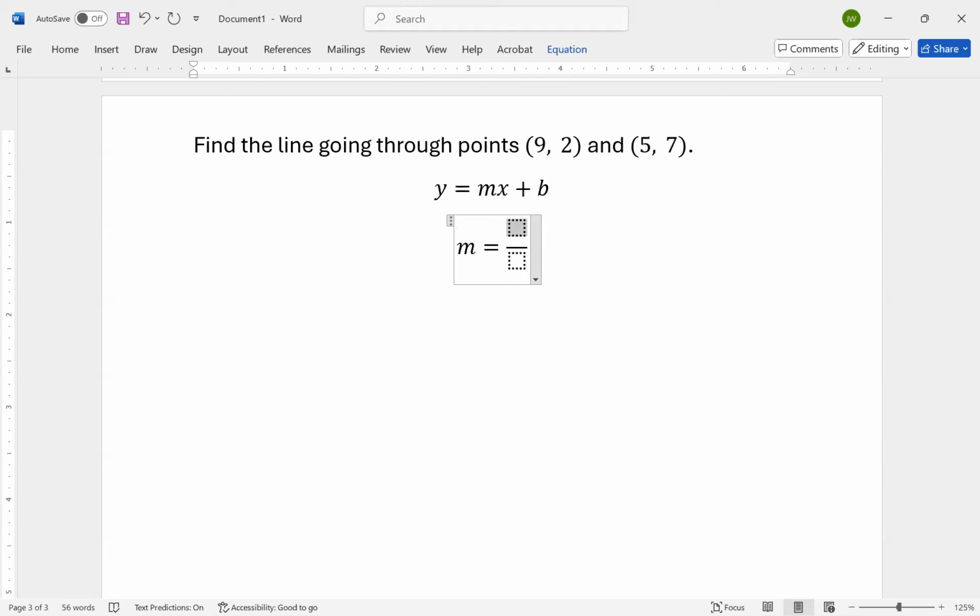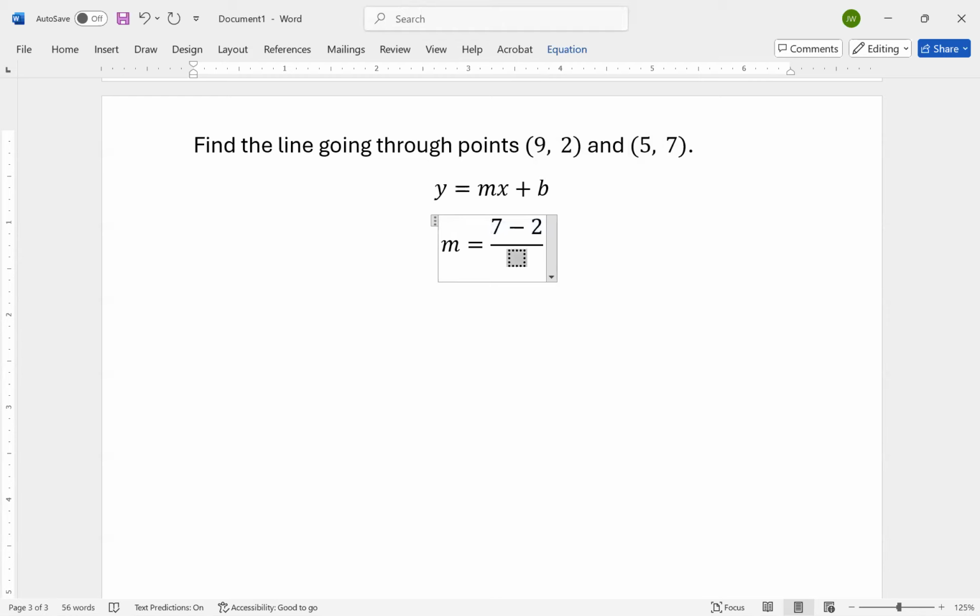All right. So the first thing I do is find the slope. Always find the slope first. We have 2 points, so I'm going to use the slope formula. The numerator is going to be 7 minus 2. That's the y value of the second point minus the y value of the first point.